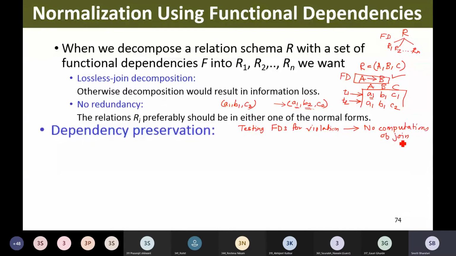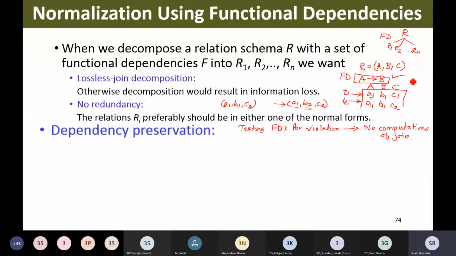What does this mean? While testing a functional dependency, say for example, A to B is the functional dependency, and if I want to test it, these attributes must belong to the same relation.